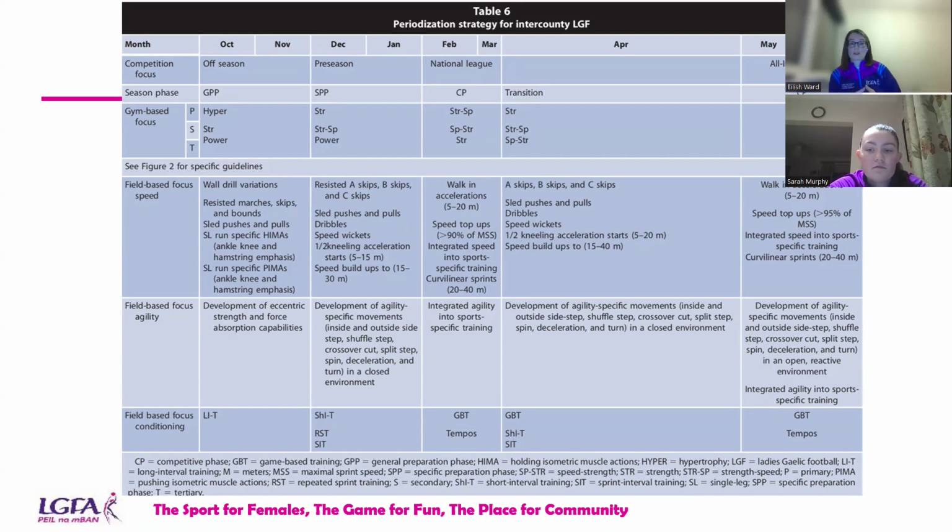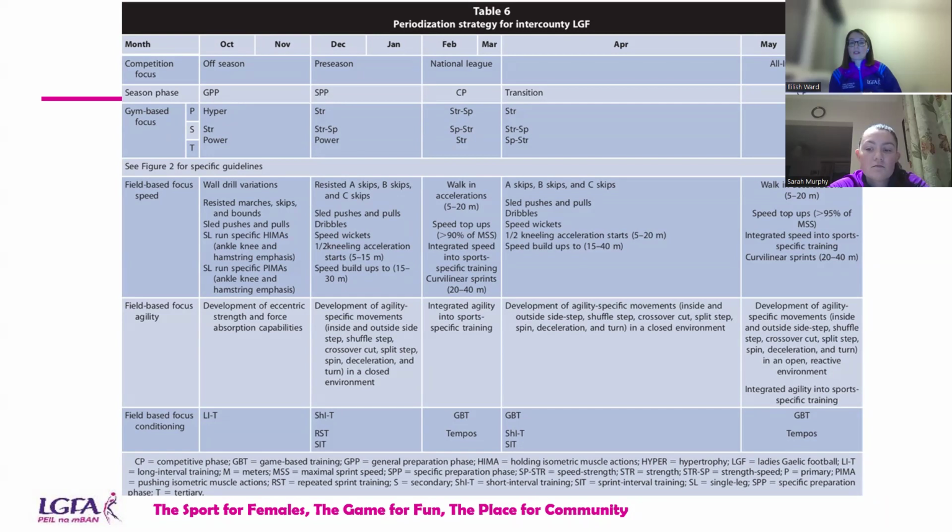The club counterparts at the moment will probably be doing more of that pre-season, longer duration, lower intensity work. The flip will probably be true for the inter-county player, but when the inter-county player goes back to club, they'll still just be maintaining, in that transition phase or that competitive phase.